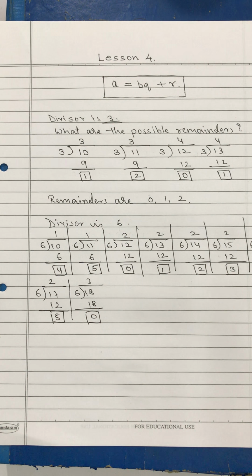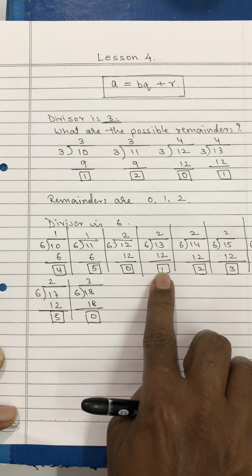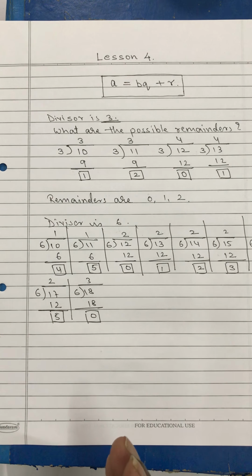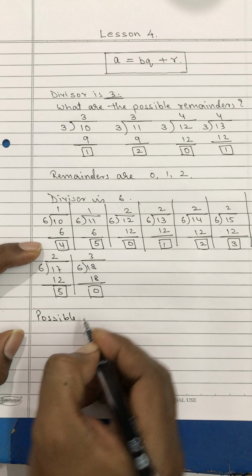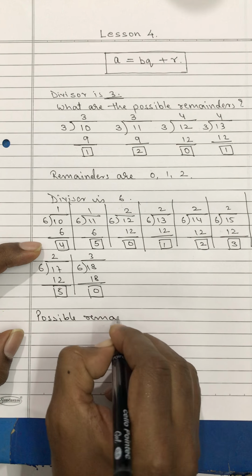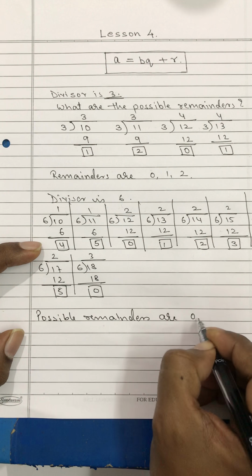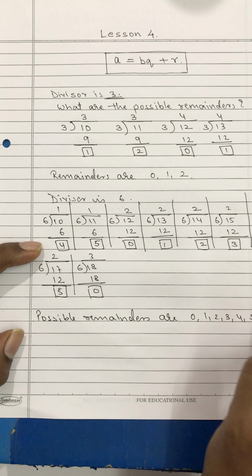See, what are the possible remainders? 0 1 2 3 4 5 0 1 2 3 4 5 0. So the possible remainders are 0, 1, 2, 3, 4, 5.